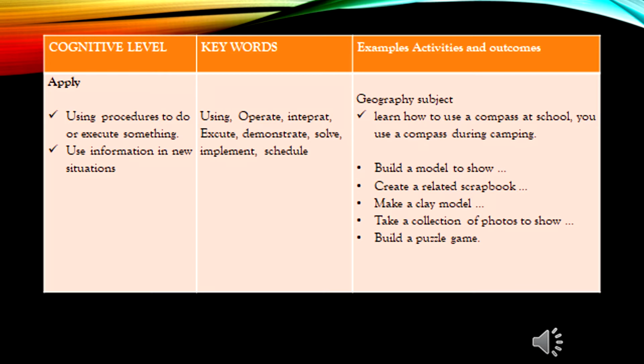After that, students can use a compass during camping. Another example activity: students can make a clay model or create a scrapbook, or make a model to show something or explain how to show new situations.